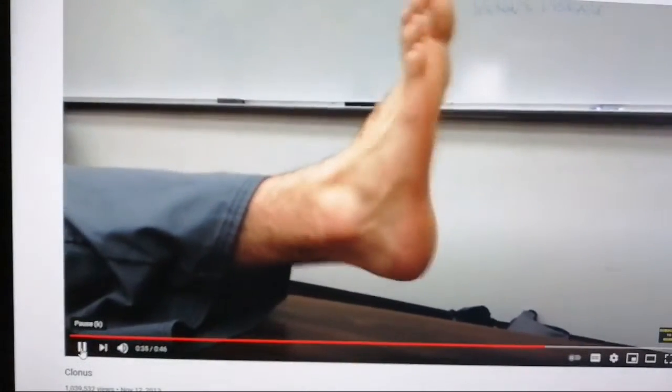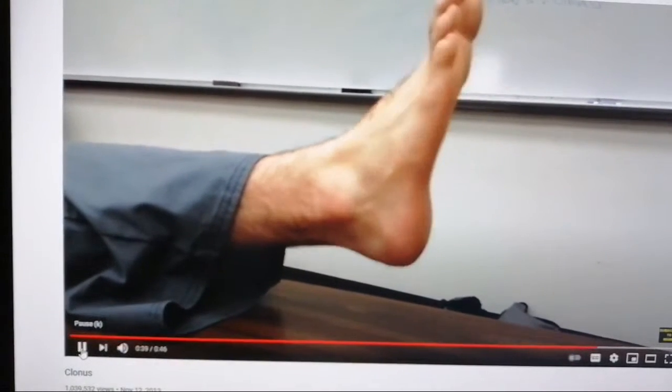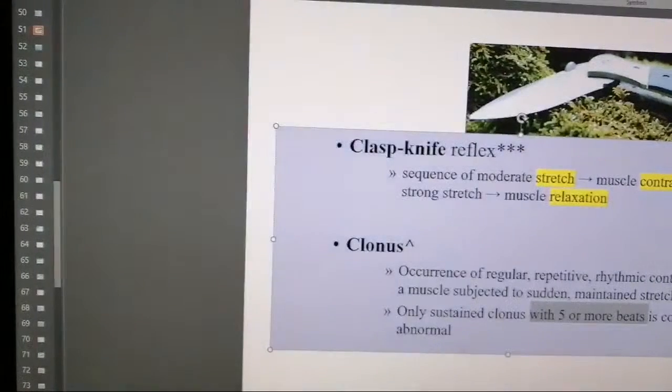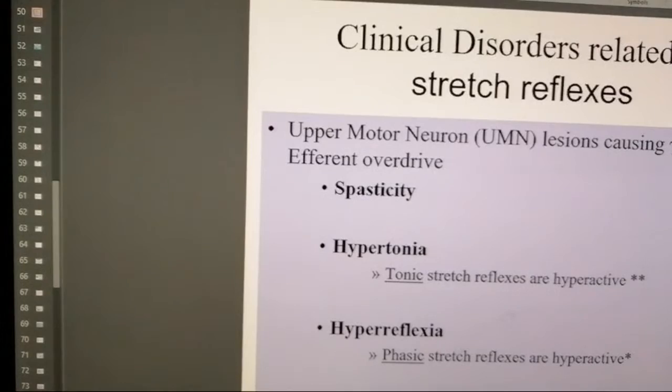It's going even without the sustained stretch. So the damage to the upper motor neurons is quite bad. Okay? So this was the maintained or sustained stretch which led to regular, repetitive, rhythmic contractions. Okay? So this was the part of the presentation which concludes our clinical reflex gamma efferents.